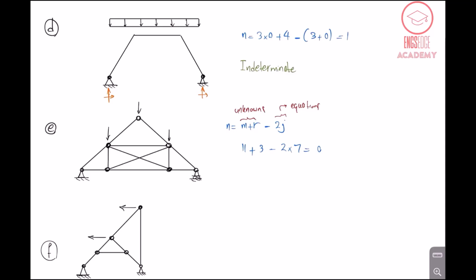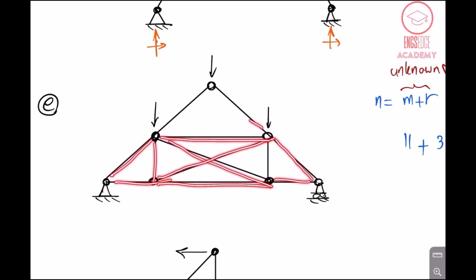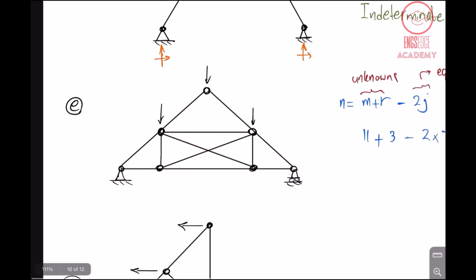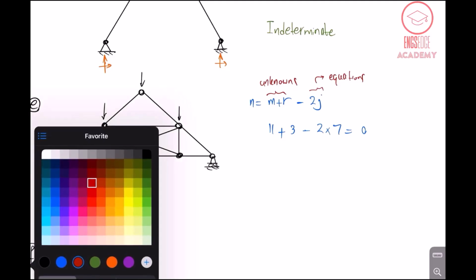Now let's check the stability. We should see if our structure is stable or not. If you pay close attention to here, we have a triangle here, a rigid body. We could start from here, 1, 2, 3, 4, 5, and like this. I might have made a mistake.